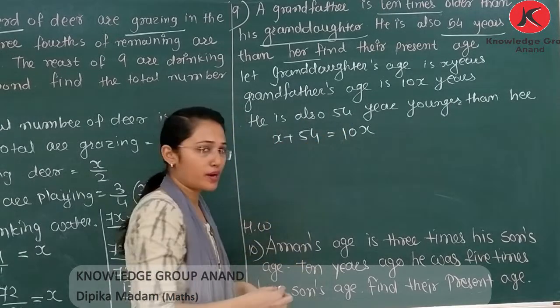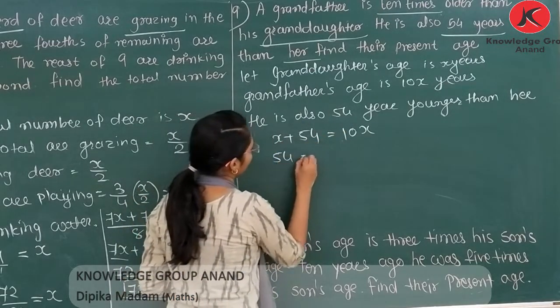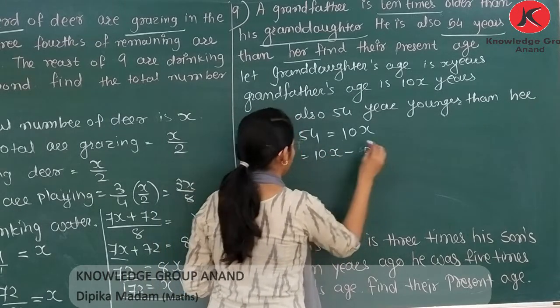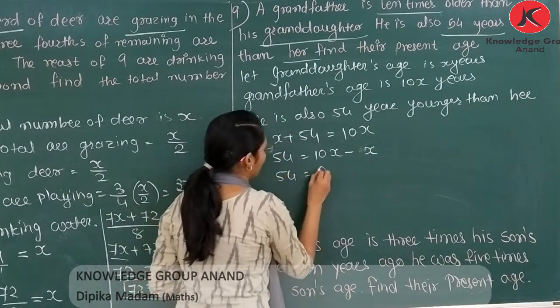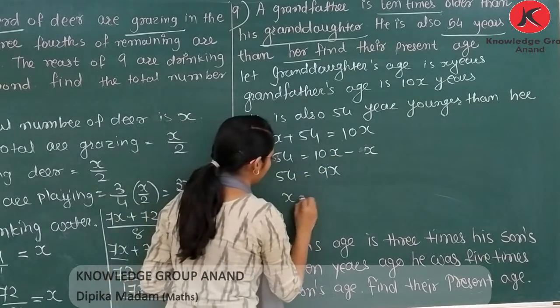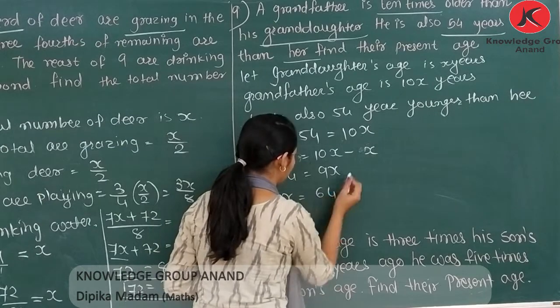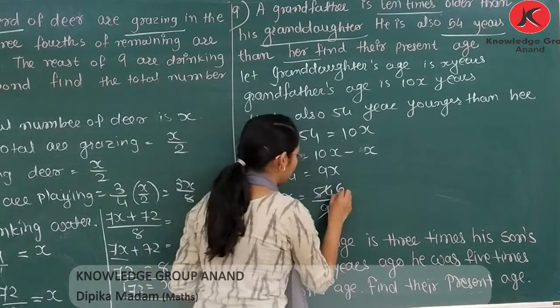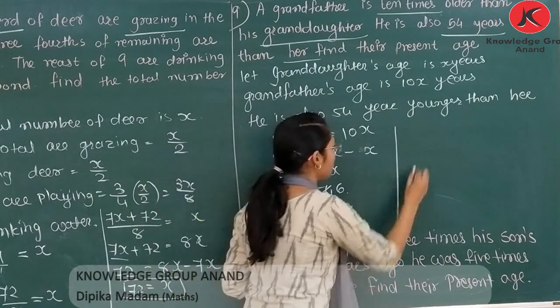Now x in a subtraction. Now 9 in a divide. 9x is equal to 54, so x is equal to 6.